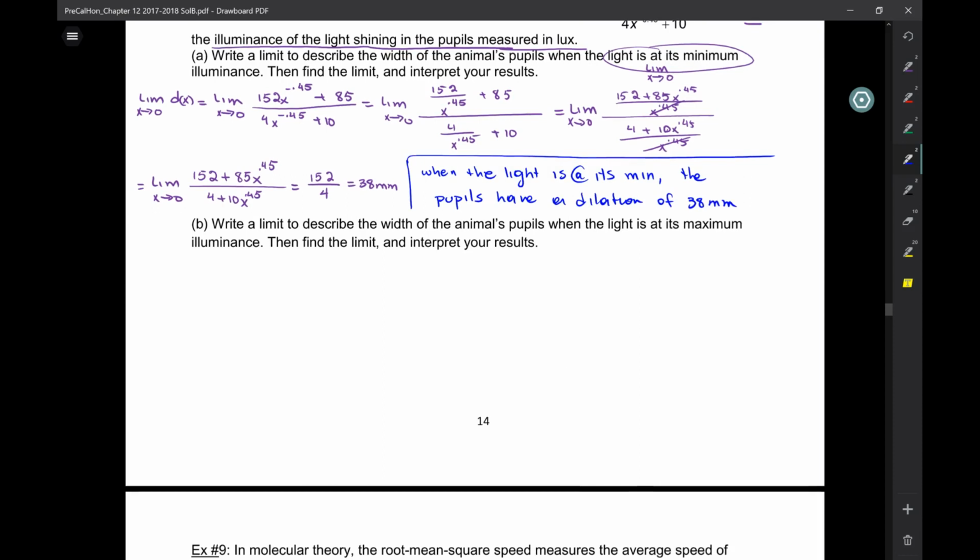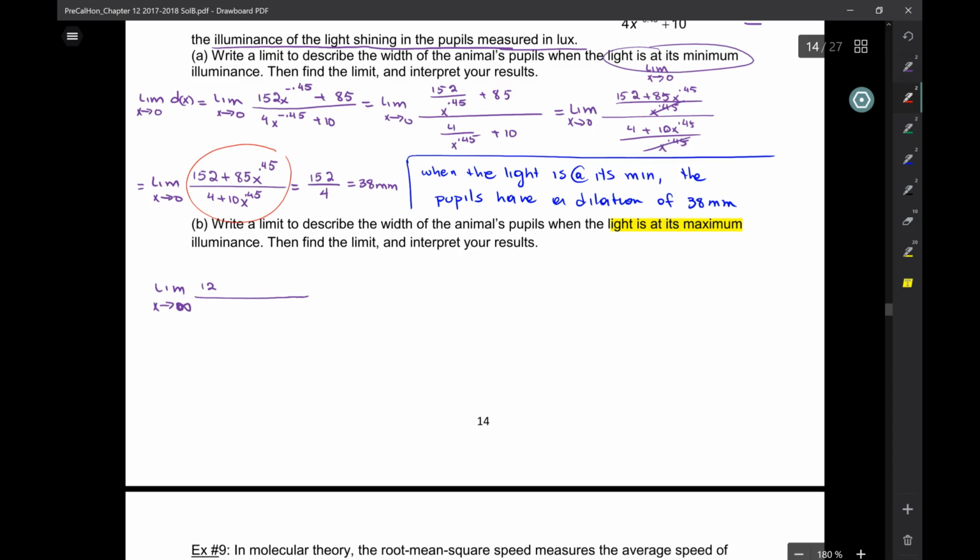Now, write the limit to describe the width of the animal's pupils when the light is at its maximum. So this is as x approaches infinity, right? So let's do that. This is the limit as x approaches infinity of 152. Take a look at what I'm going to do. I already simplified this once, so I don't want to do it again, and I'm just going to start from here.